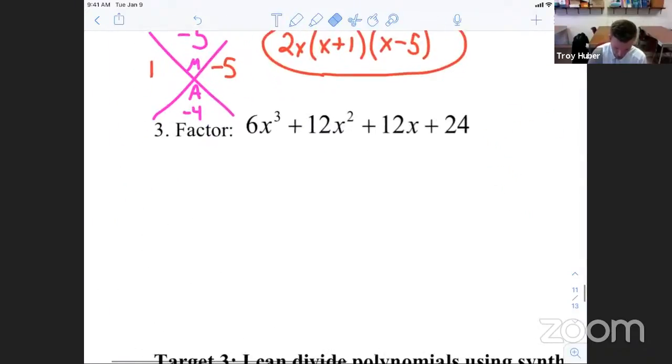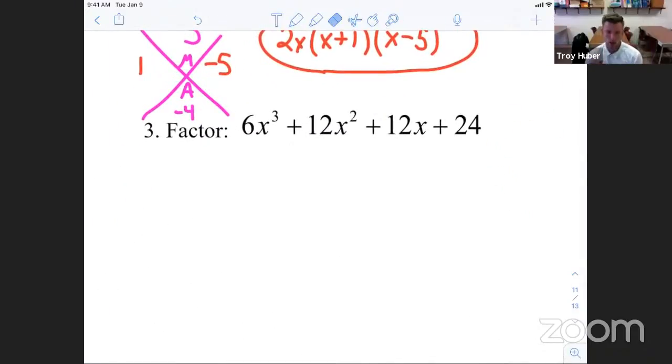Moving right along onto the third problem. This one we have a polynomial because it has 4 terms. What we do on these ones is factor by grouping. So I almost split it in half here.